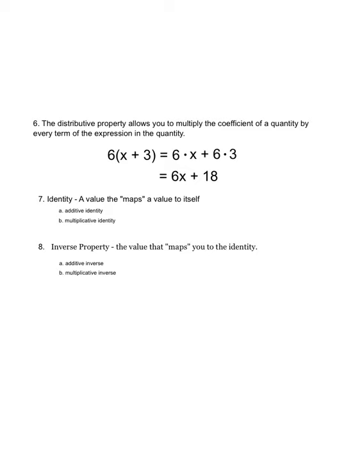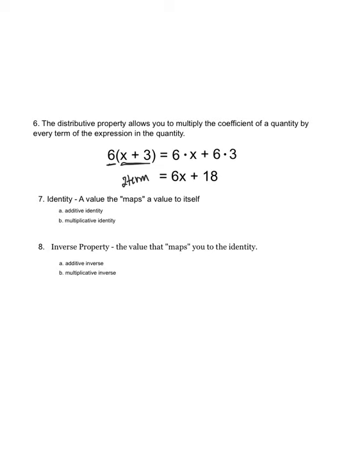This is the one that I need you to understand. And I think you'll remember the name of it, but I'm more so interested in that you know how it works. Within the parentheses, we have an algebraic expression that consists of 2 terms. When you have a value out front, you need to multiply every term in the quantity by the value outside the quantity.